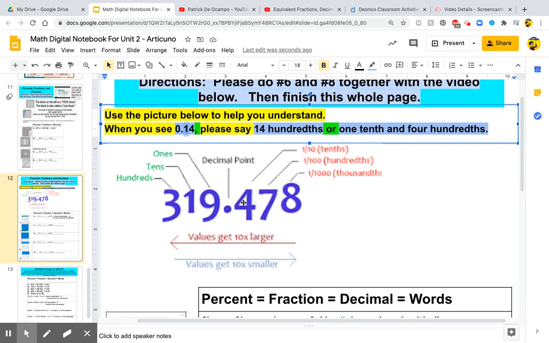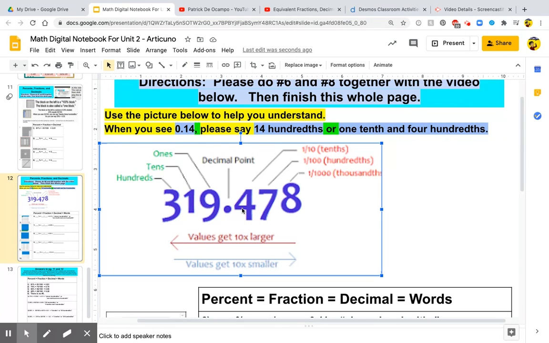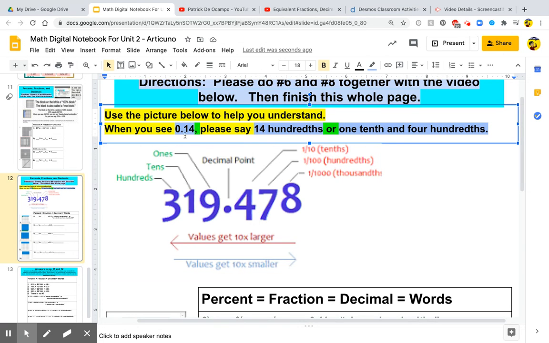Remember, the tens place is right here, just to the right of the decimal. Pause and look at the picture if you need to, okay? So whenever we see this, we can say 14 hundredths or 1/10 and 4 hundredths. That's pretty cool. There are 2 ways to say this number, okay?